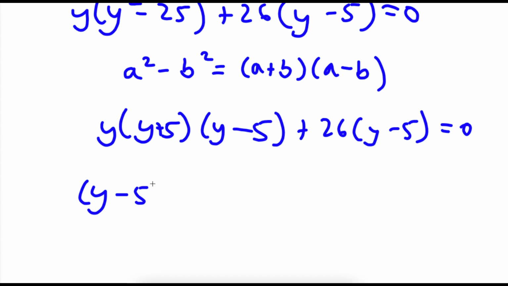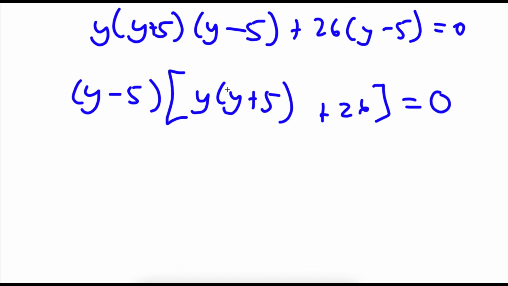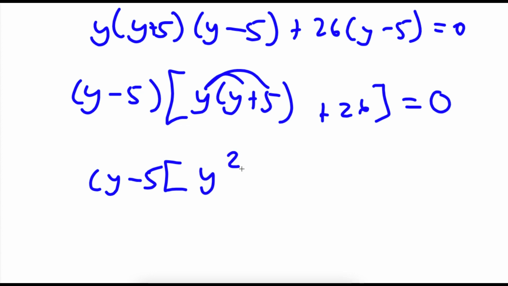So now I get y minus 5 times y plus 5 plus 26. Now, to simplify, I'm going to multiply y with y plus 5, so I get y squared plus 5y. Now I still have plus 26 is equal to 0.